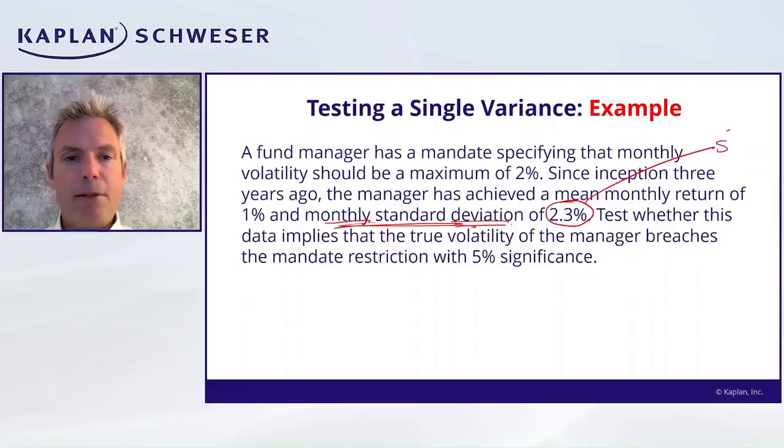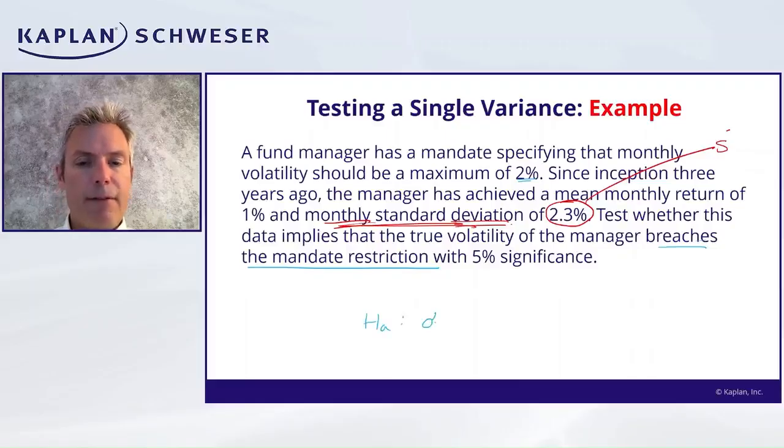Test whether this data implies that the true volatility of the manager breaches the mandate. When would they breach the mandate? They would breach the mandate if true volatility is greater than 2%. So this is what we're looking for evidence for. Notice there's no equals sign in that, so it's the alternative hypothesis.